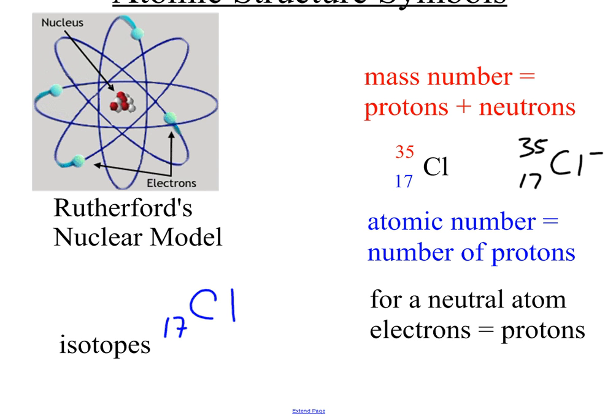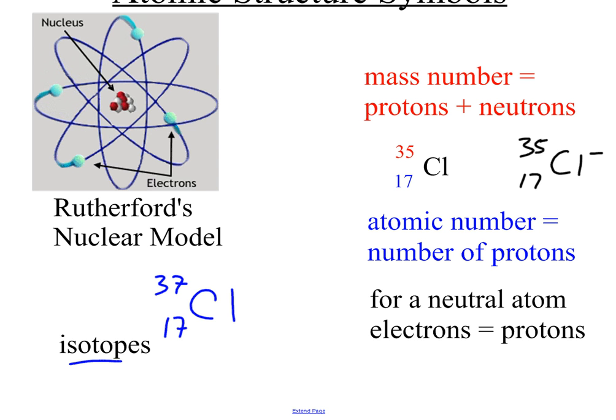So we would have a Cl 37, chlorine with a mass number of 37, indicating then that we would have 17 protons, as we would have to have for chlorine, but now we have 20 neutrons.